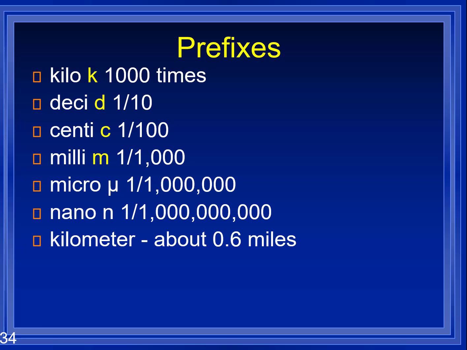Okay? So, and here's how they get used. The ones we use to measure meters most often would be kilometer. A kilometer is about 6/10 of a mile. I found this out when I was driving across Canada this summer.